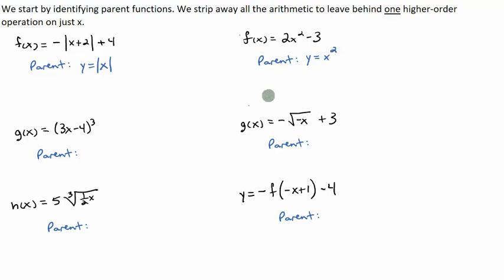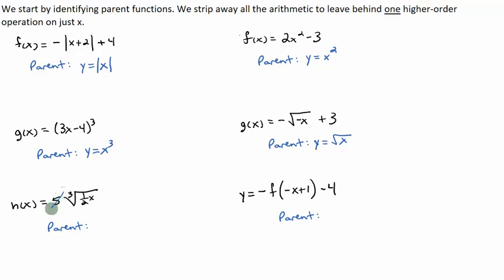One operation on x. Next, I need to strip away the multiply by 3 and the subtract 4. And what's left is x to the third power. So that's my parent function. Next, strip away the multiply by negative, another multiply by negative, and adding 3. And what's left is square root of x. So my parent is y equals the square root of x.